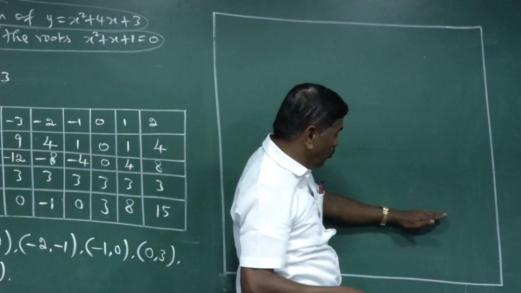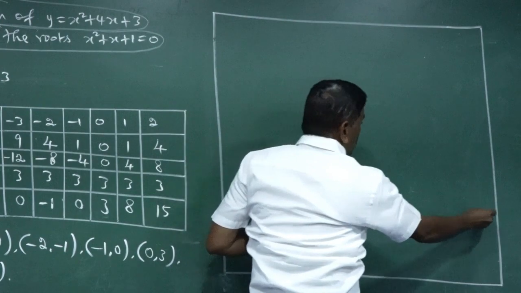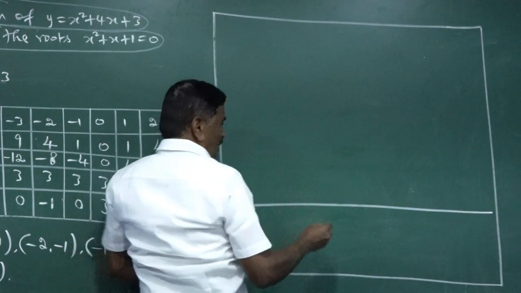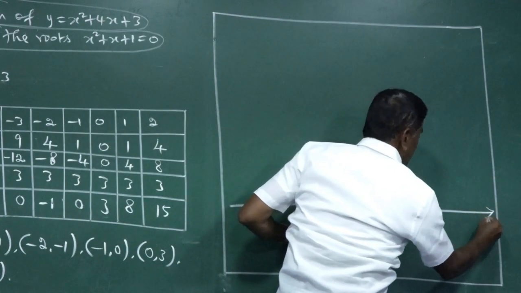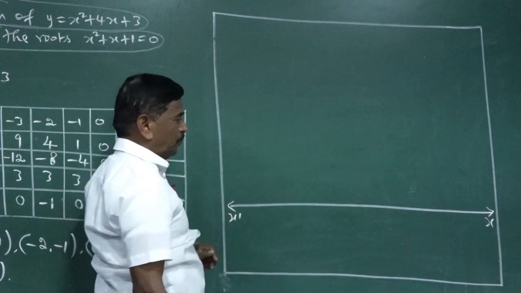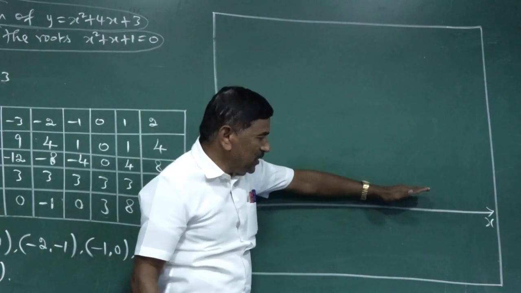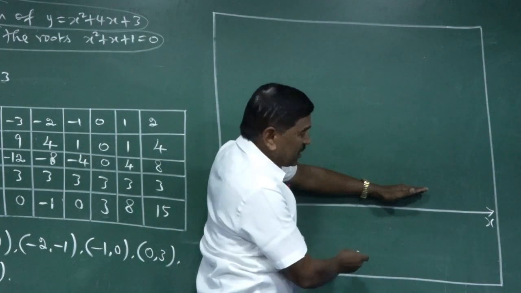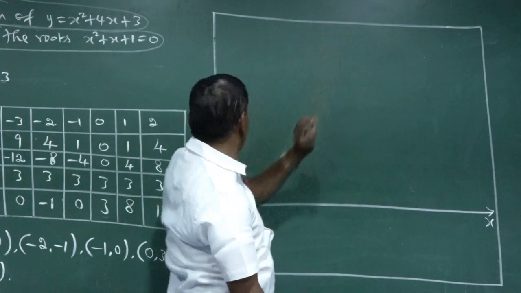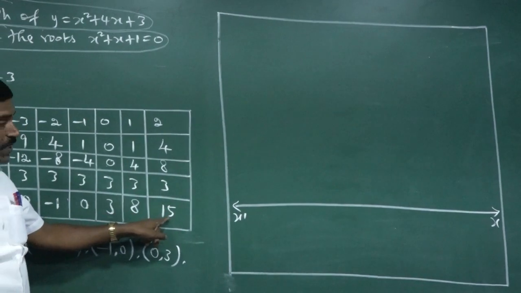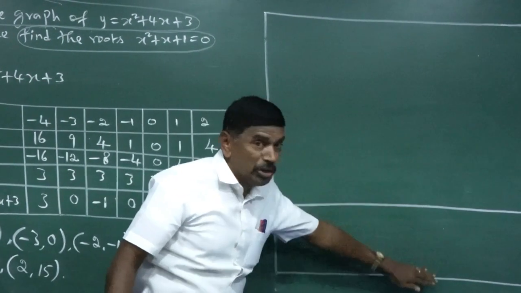Now draw the x-axis, and the x-dash axis. So x-axis downward 0, -1, -2, and upwards we need 15, because the y value is -1 on the negative side and 15 on the positive side. So that is why the x-axis should be somewhat downward.